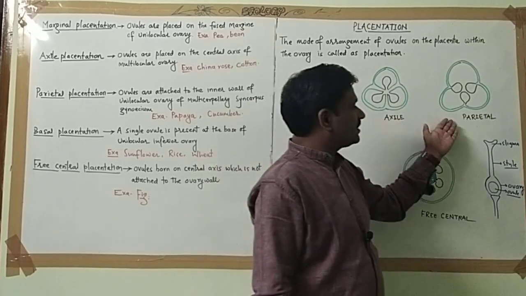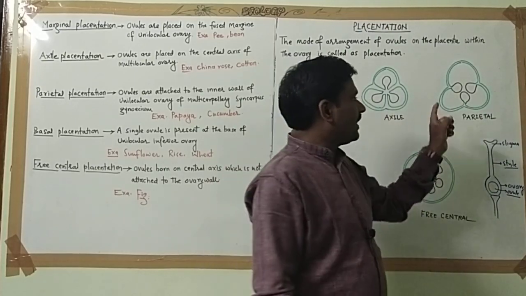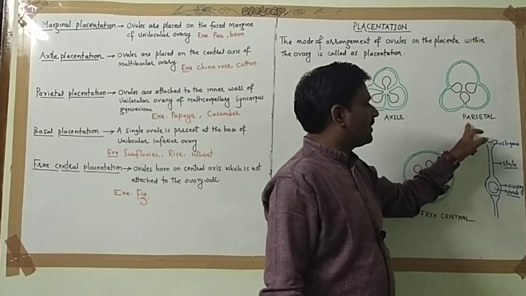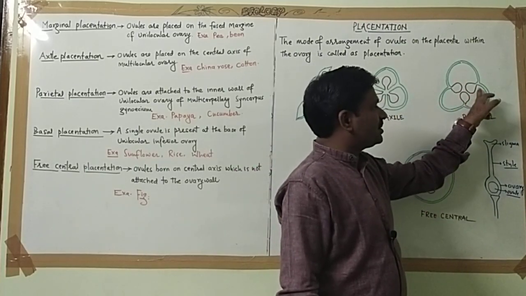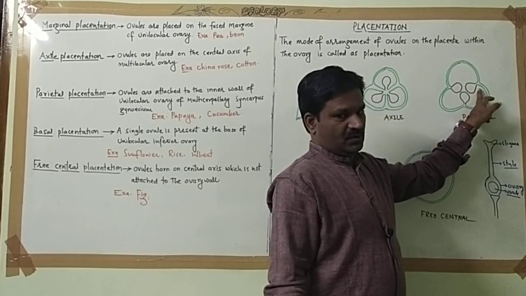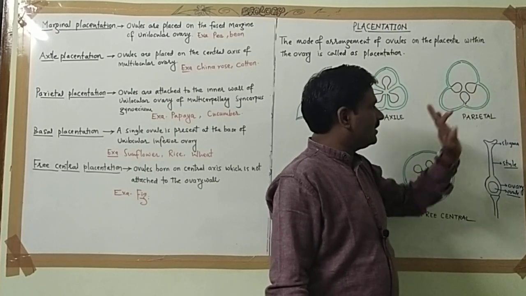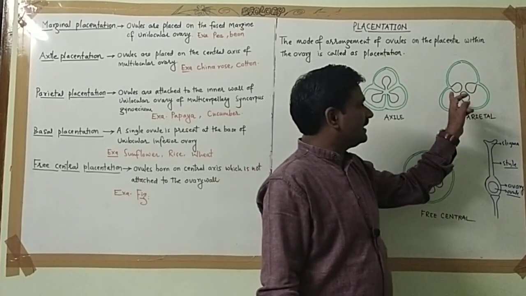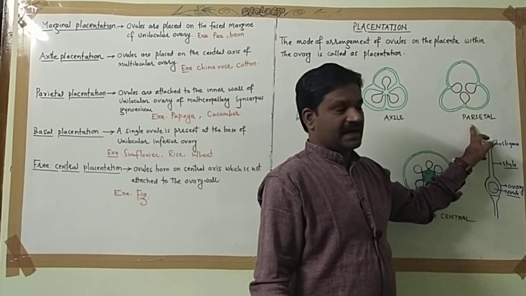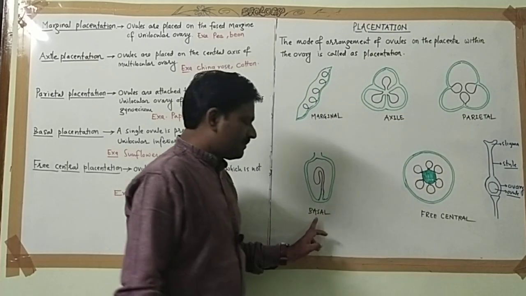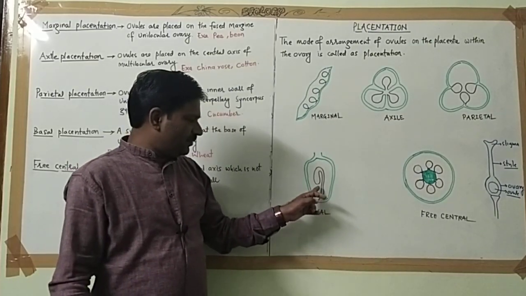Third condition is that ovules are arising from the periphery of the ovary, and they are attached on the inner wall of the ovary. That's why it is parietal placentation. Then basal placentation.